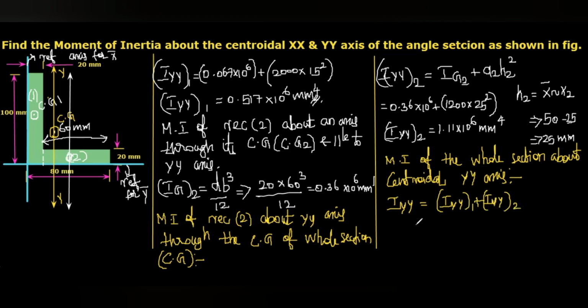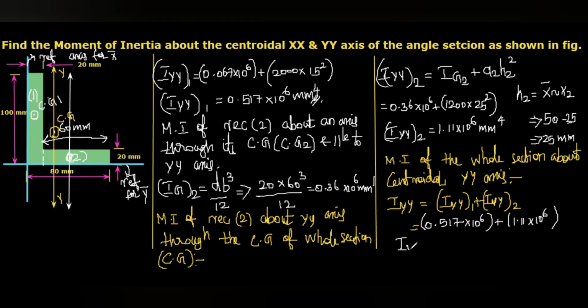When you substitute the values we calculated, IYY1 is 0.517 multiplied with 10 power 6, plus IYY2, which we calculated as 1.11 into 10 power 6.